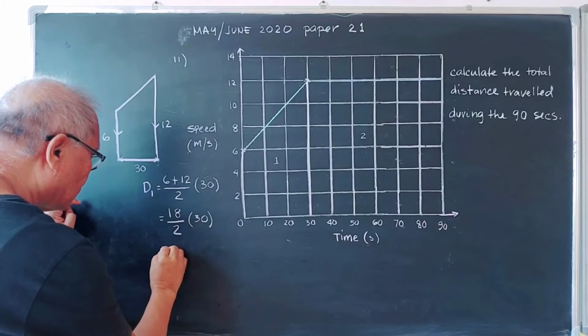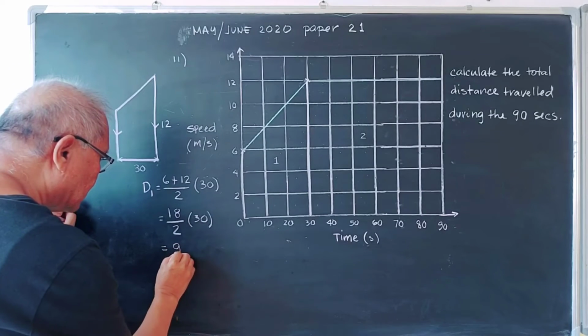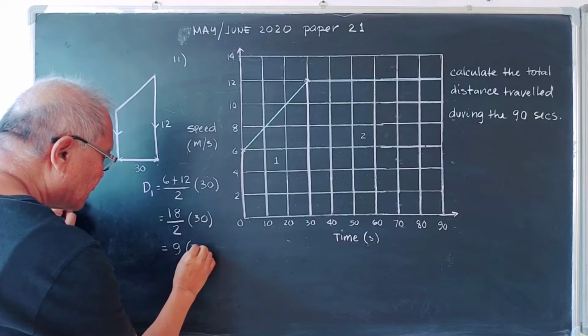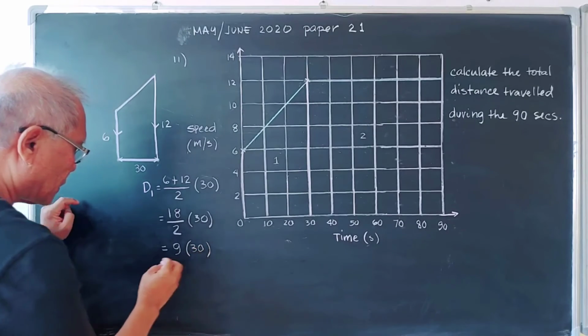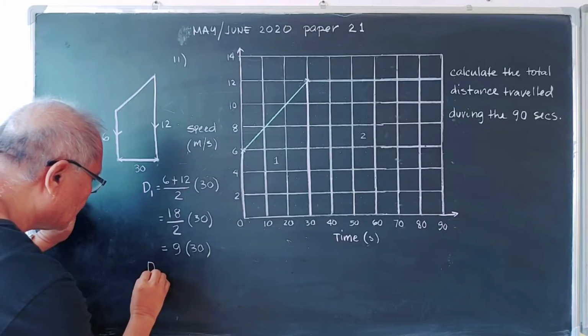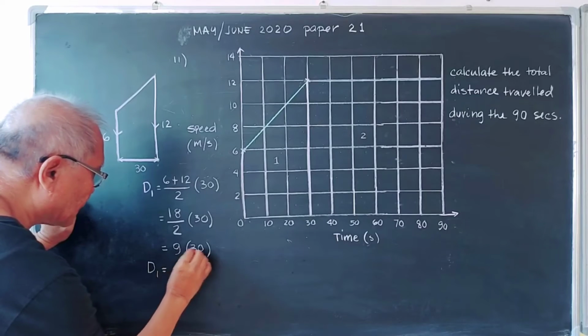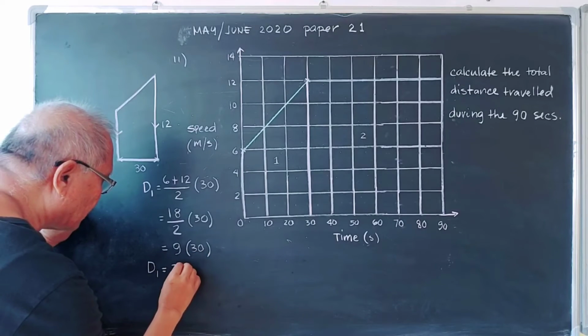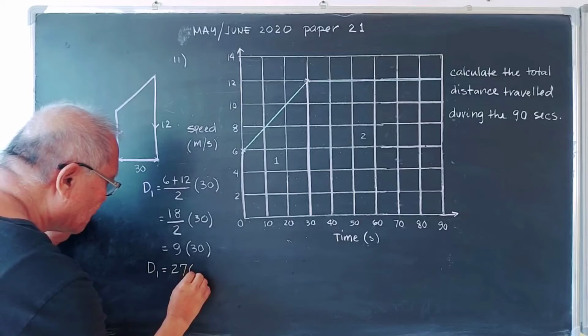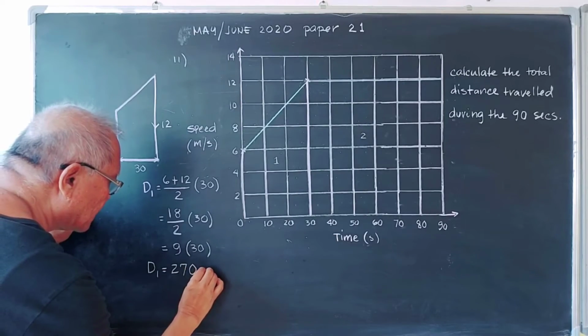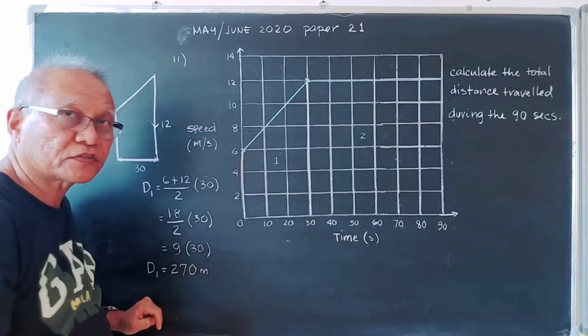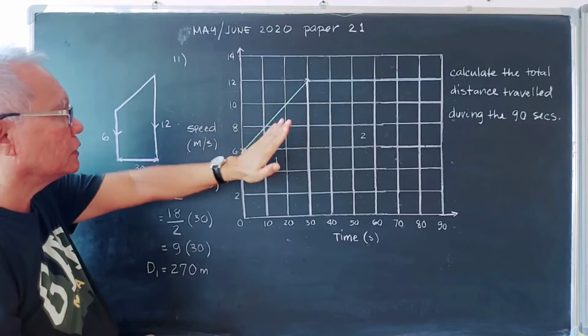Then 18 over 2 is 9, times 30. So our distance 1 is equal to 9 times 3, 27, add 0, so you have 270 meters for distance 1.